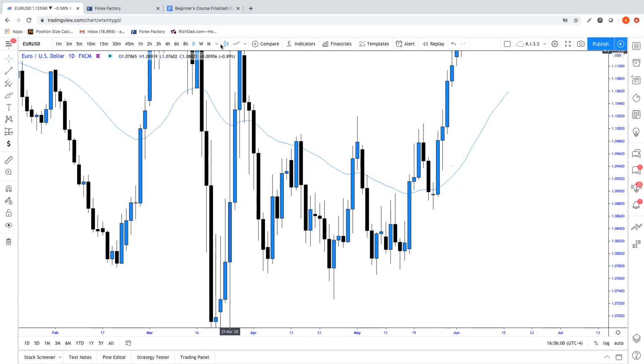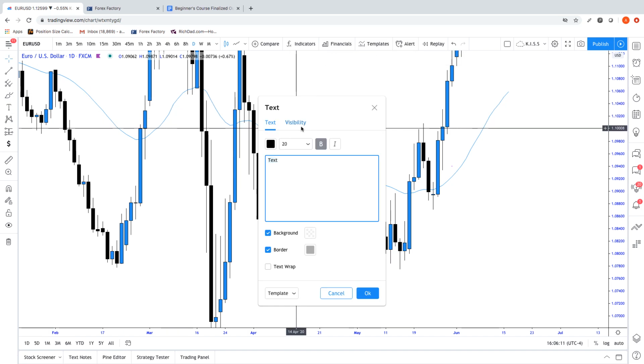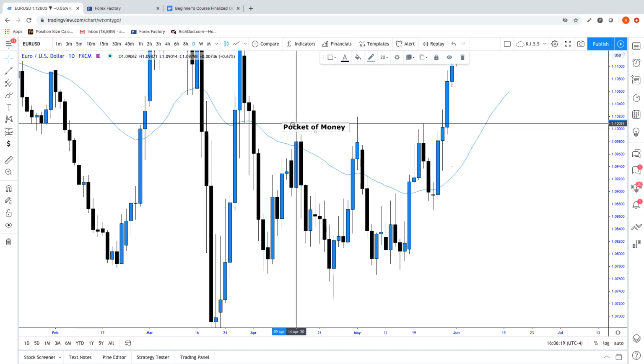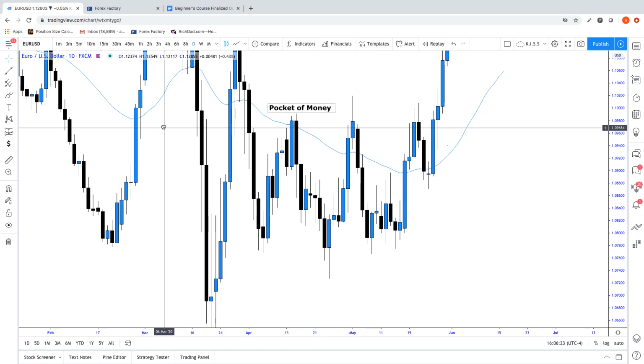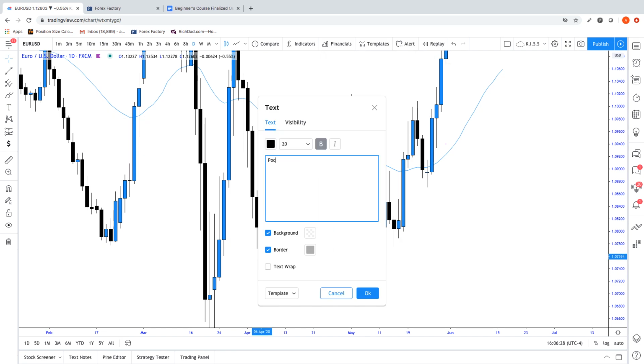What I mean by liquidity is that there is a pocket of money above highs and below lows.